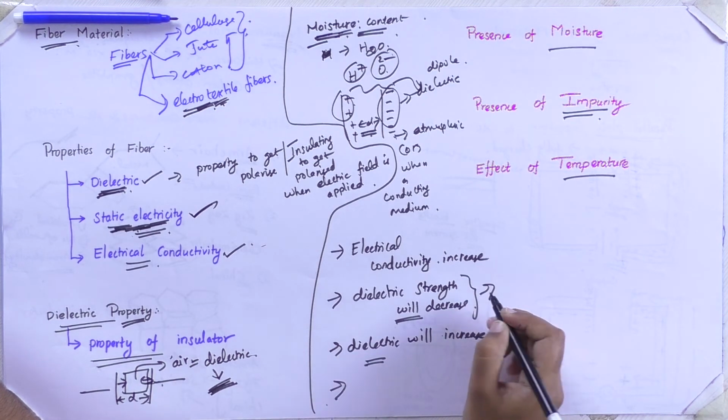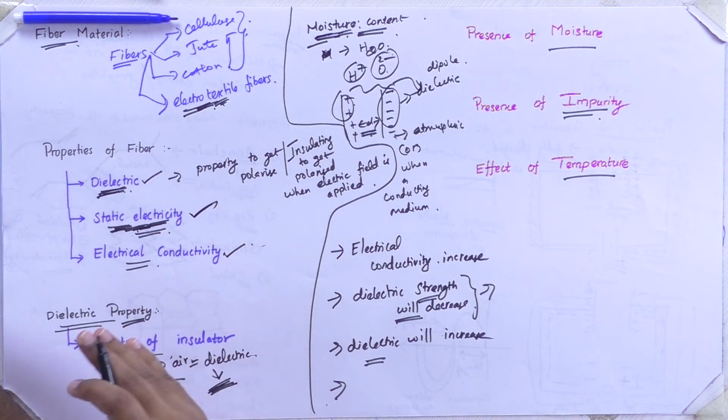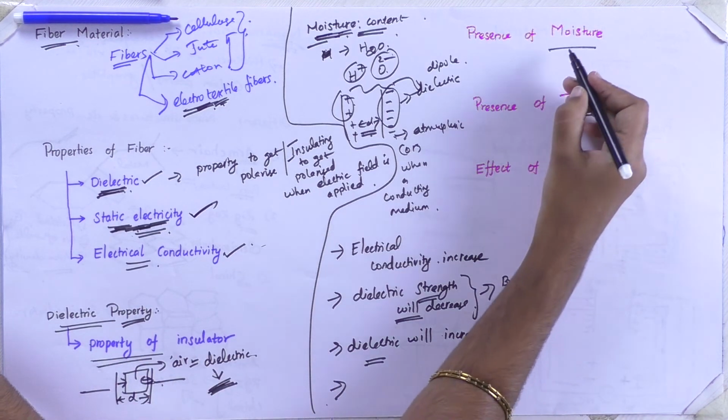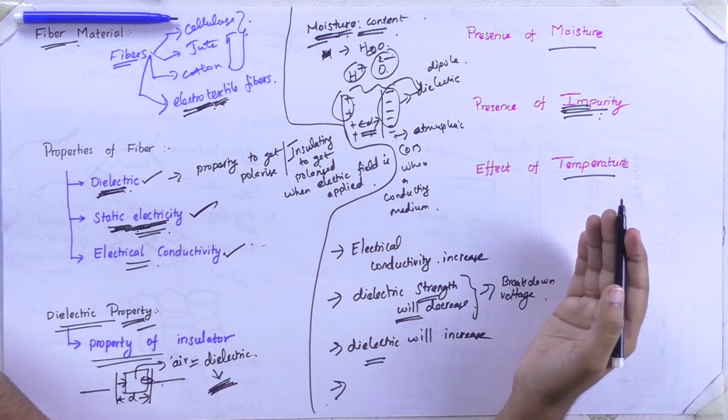Dielectric strength is nothing but breakdown voltage, that is the voltage needed to overcome the insulating property and reach the conducting property. Simply we can say breakdown voltage.